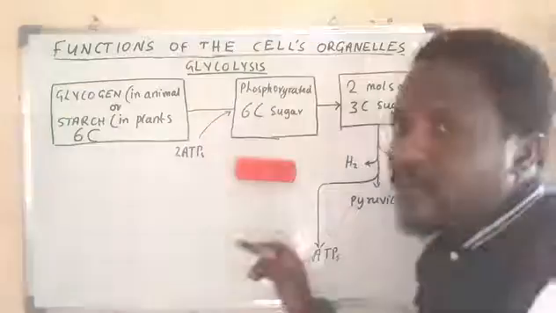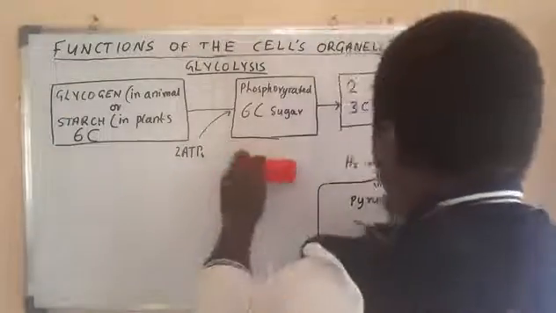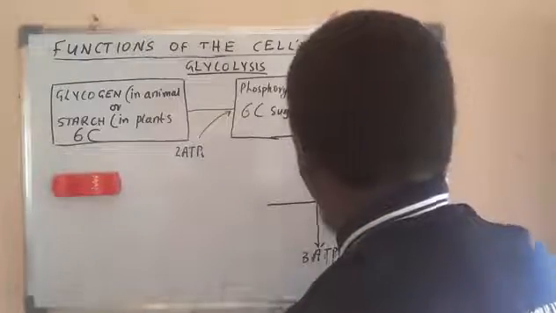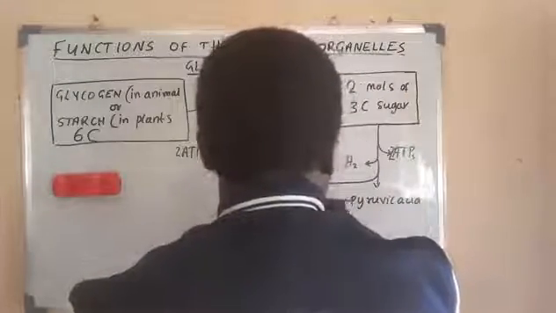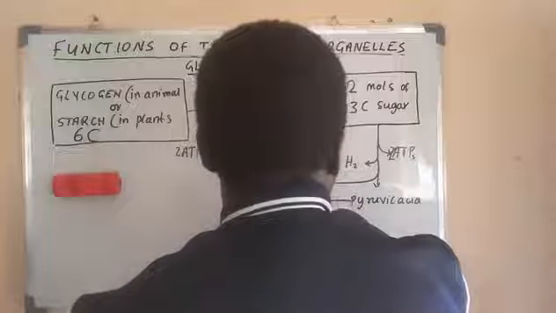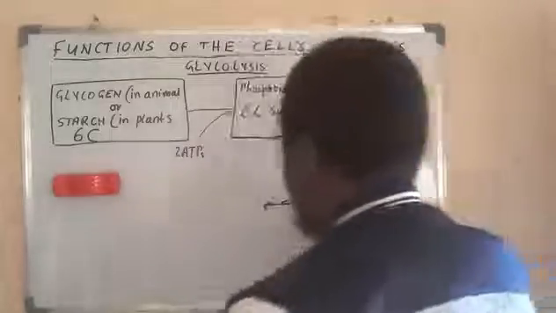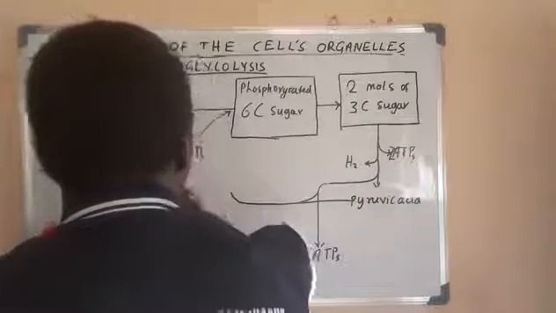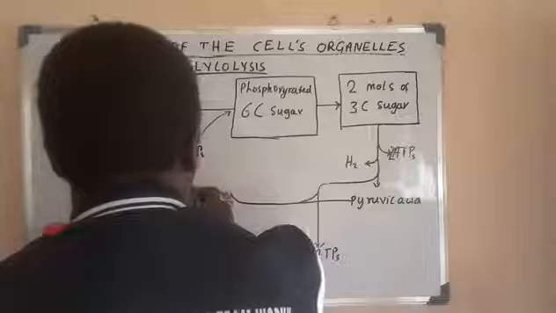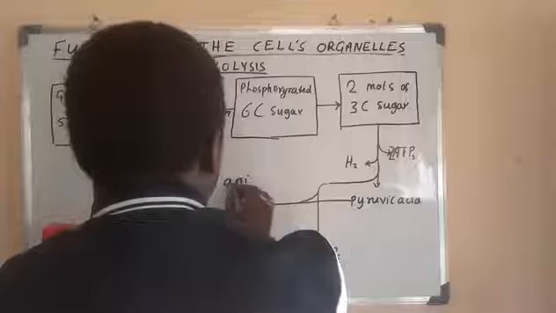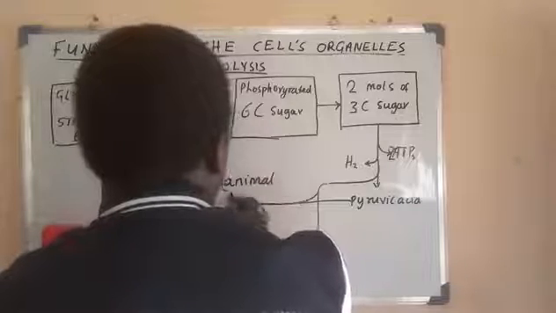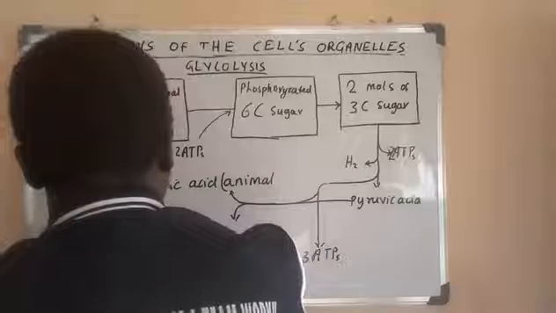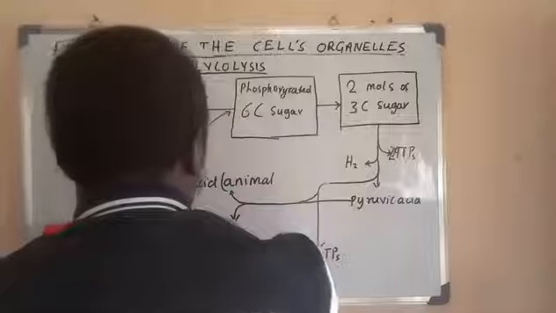And if oxygen is not available, it will combine with pyruvic acid to form either lactic acid in the case of animals, or ethanol in plants.